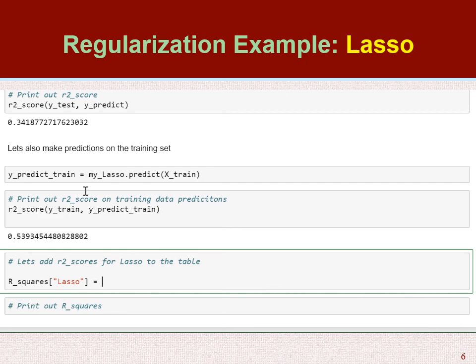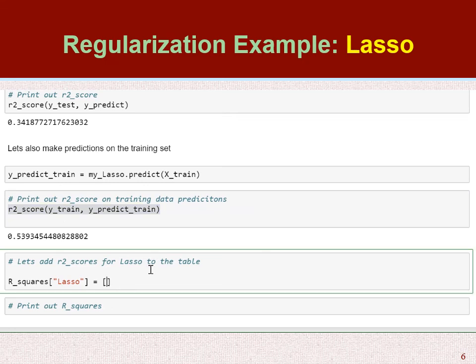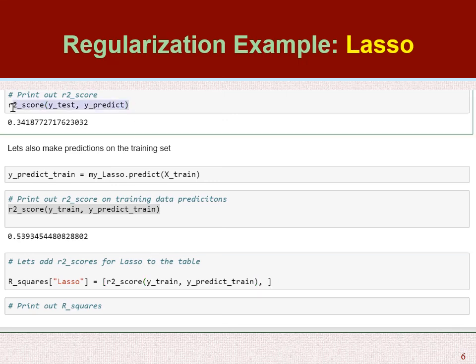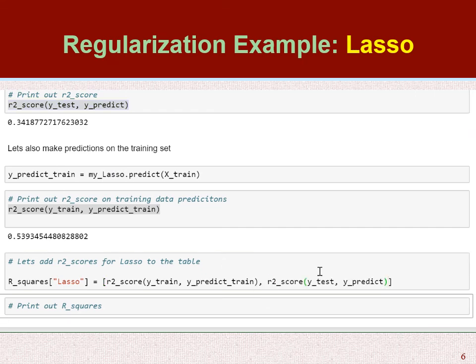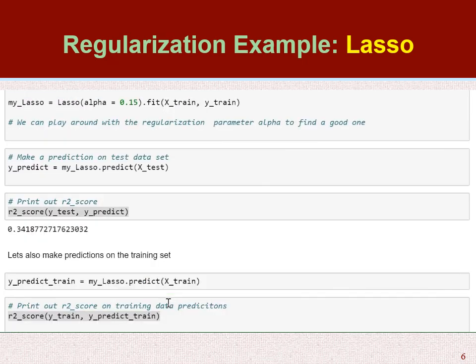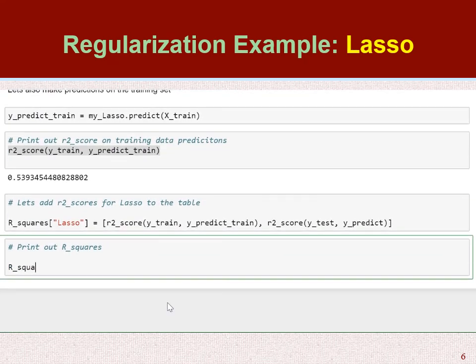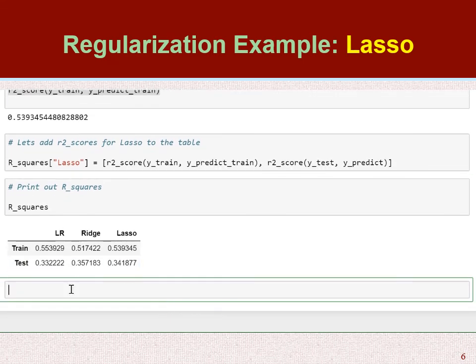Then I'm going to give it these two values: the R2 score for training first, and for the test as well. All right, so now let's print out the R squares table. So here we have the table.